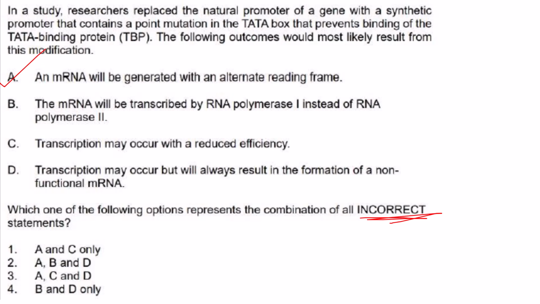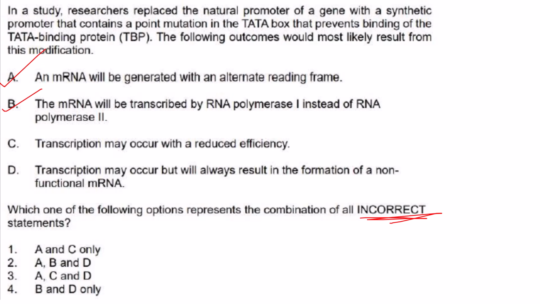RNA polymerase 1 is responsible for the synthesis of rRNA, and it relies on different promoter elements and transcription factors to initiate transcription and not on the Tata box. Tata box is primarily for RNA polymerase 2, which is involved in mRNA transcription. So B is an incorrect statement.